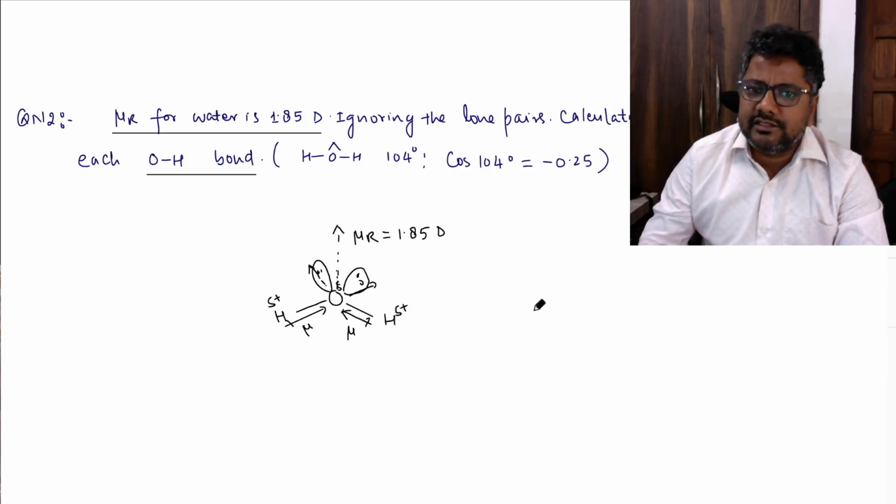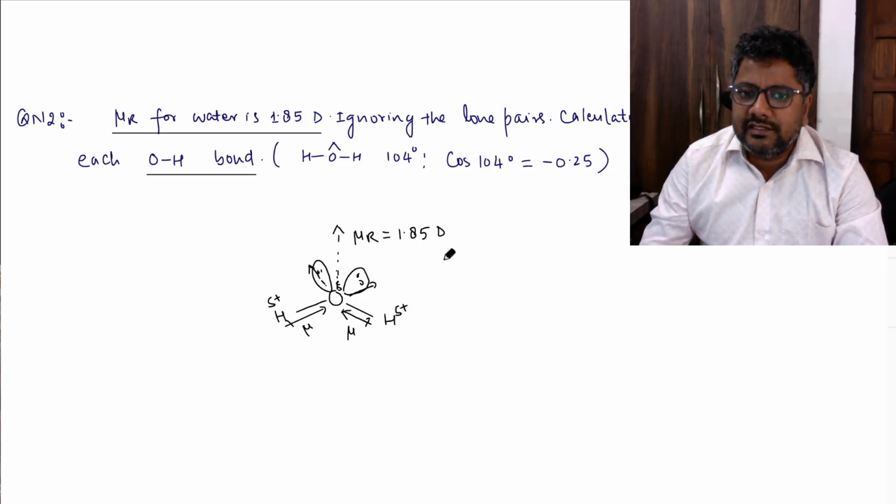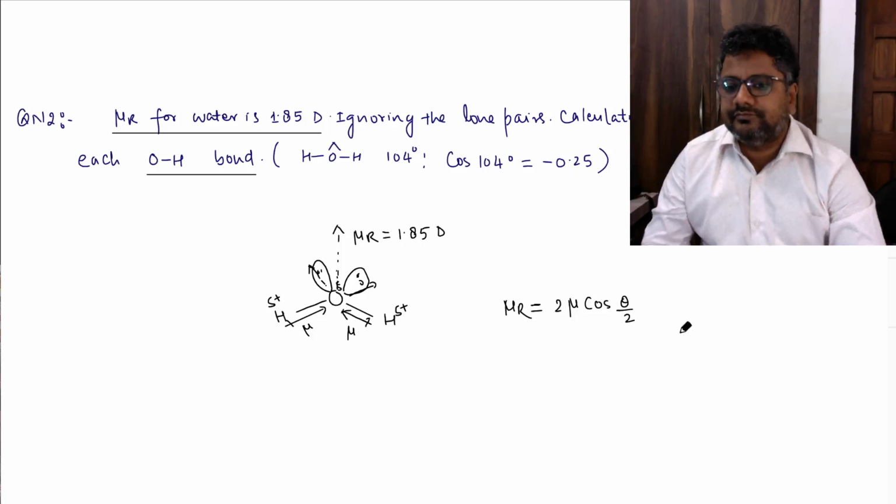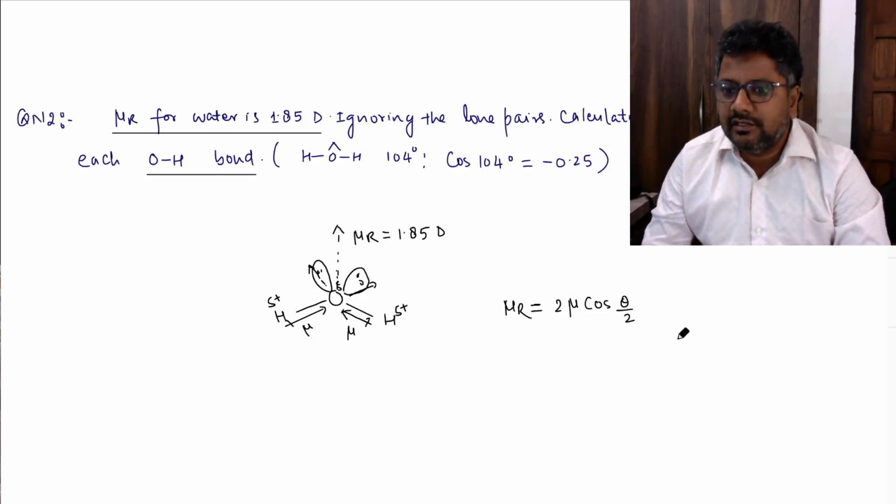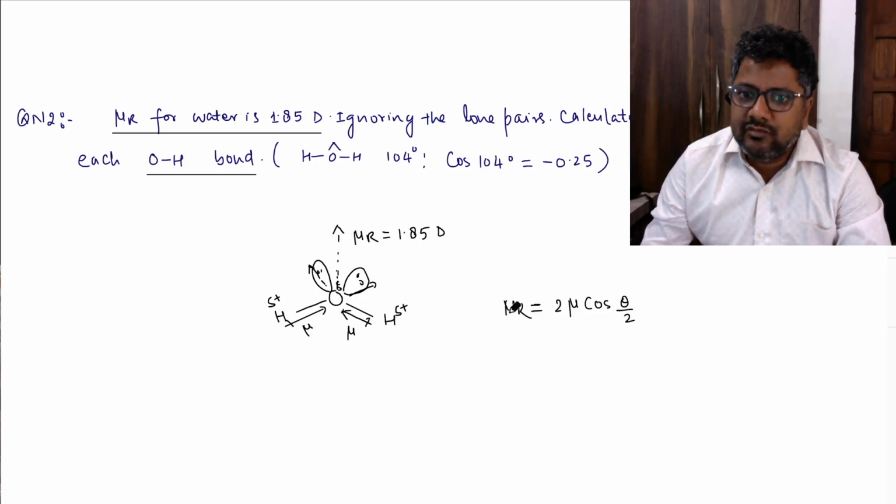So this is the same. So what can we write here? mu r is equal to 2 mu cos theta by 2, right? Cos theta by 2.